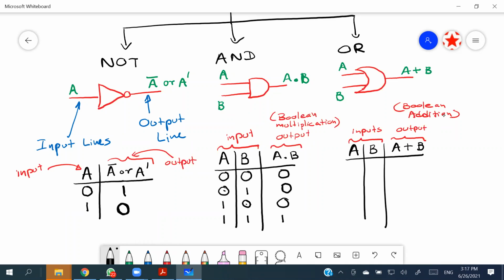Now the combinations are not something new for us. We know how the combinations are going to be. The question is, what's going to be the output? Since this is a Boolean addition, it is almost similar to mathematical addition, but there is one special case which differs from normal mathematics.